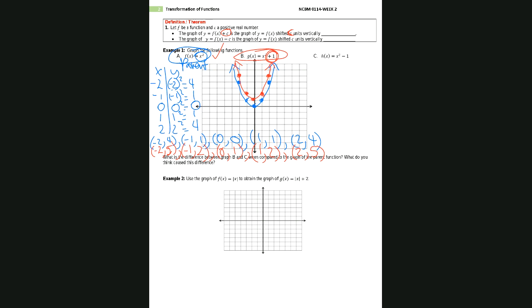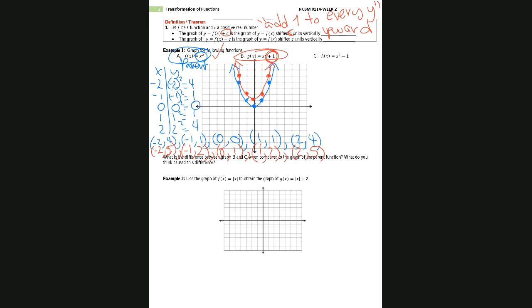I will say we will go up, or let's say upward. Your key for this is that we add 1 to every y value. That's how we found them.